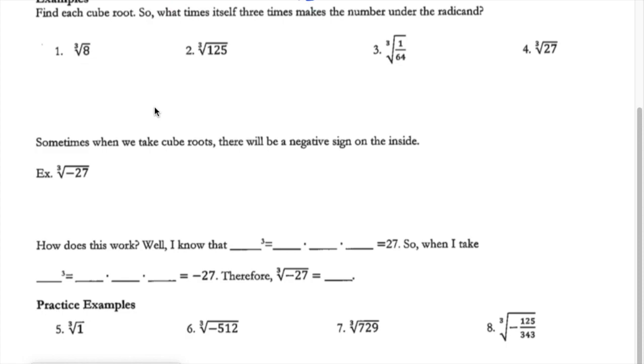Okay, so for number 1, the cube root of 8 is going to be 2 times 2 times 2, which is equal to 8. Then we look at the cube root of 125.